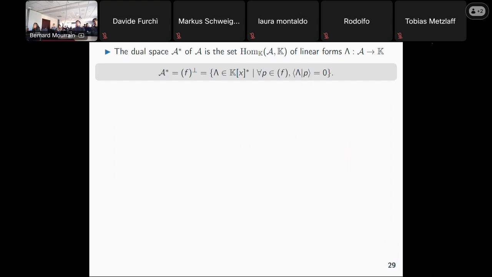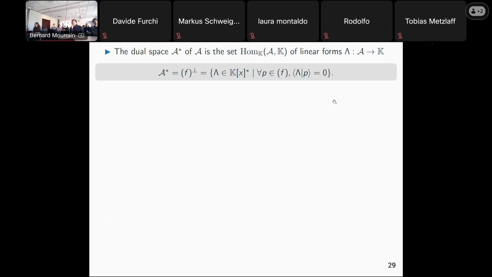Some words about duality. We can look at the transpose of this multiplication operator. In linear algebra, the transpose operator is defined on the dual. And what is the dual of the quotient by F?